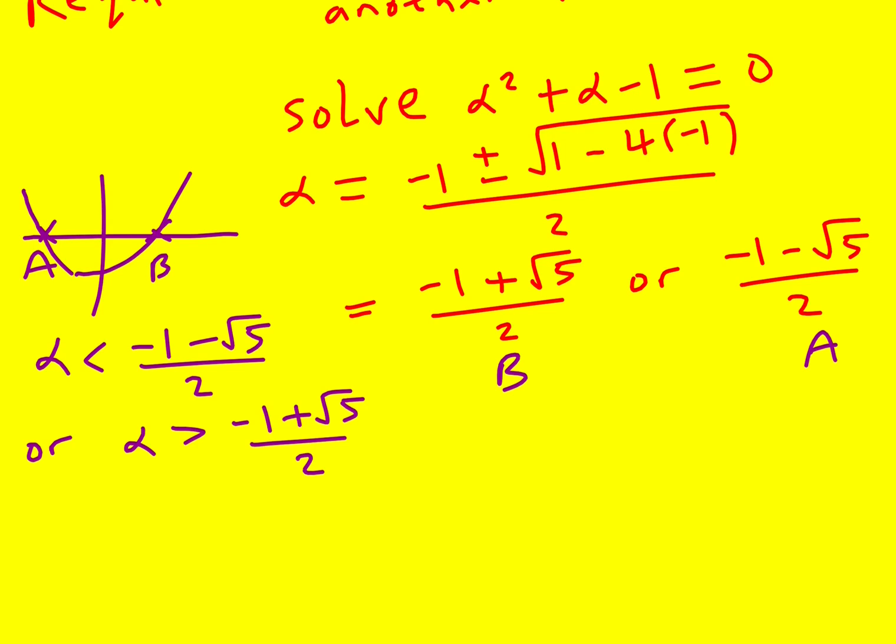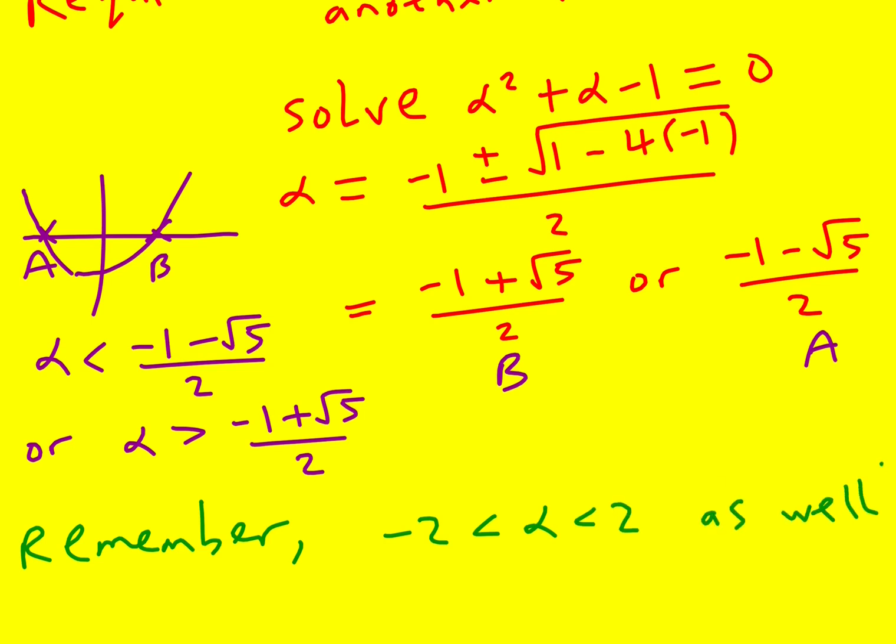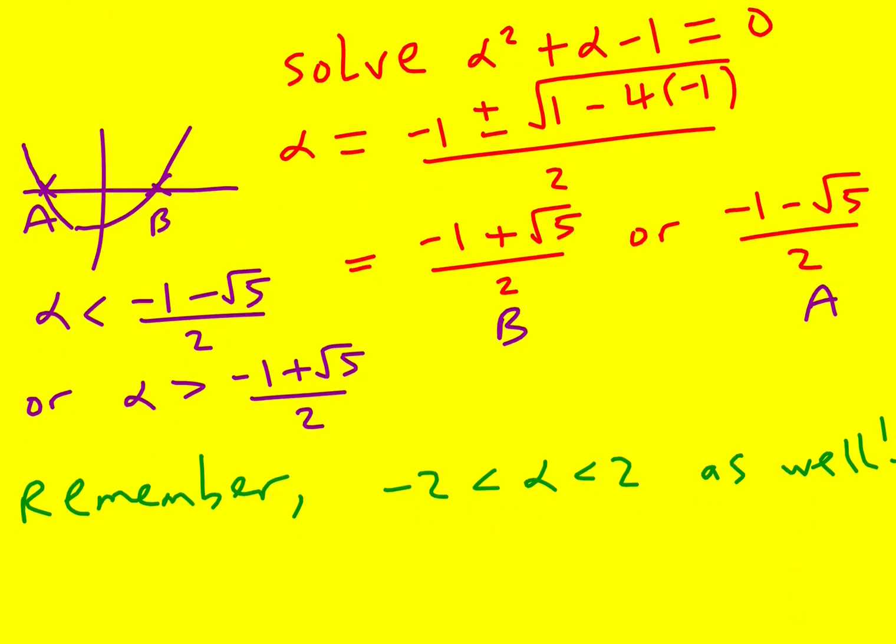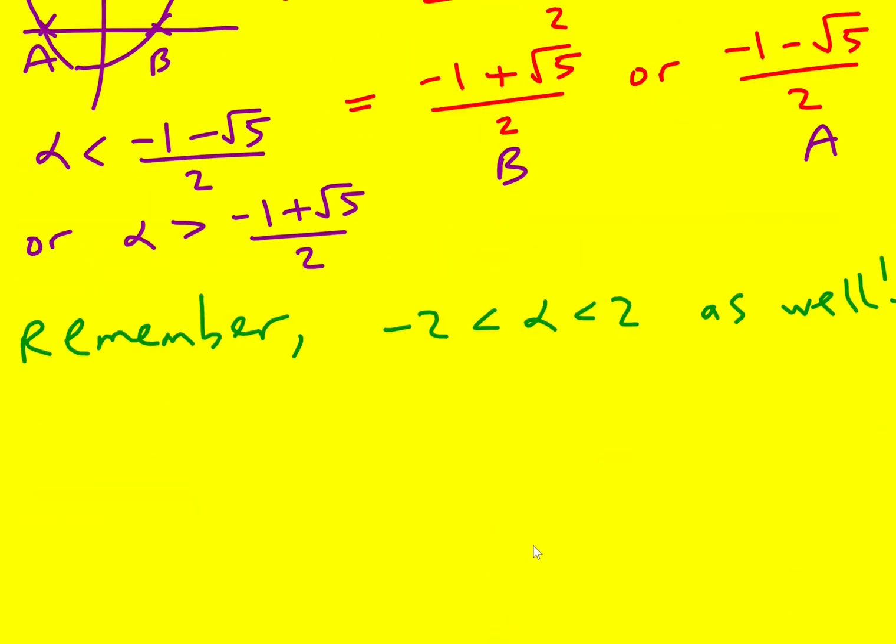Now, we're not quite done because remember, this is true as well. That was for the correct method, where we only got one solution. The incorrect method gives us 3 solutions. That's what we need.